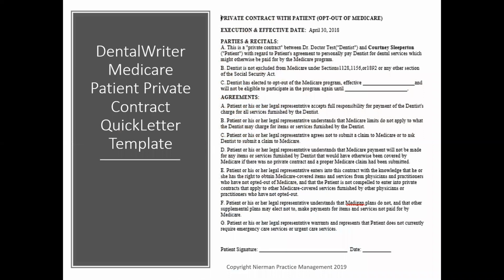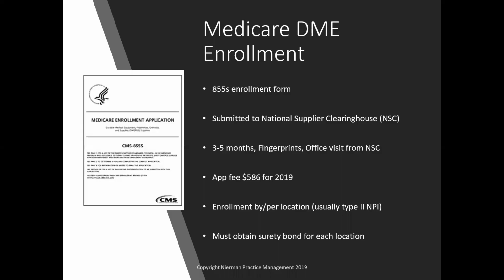Now, Dental Writer software has a copy of the Medicare private contract. Again, this is telling the patient if you have totally opted out of Medicare, that Medicare is not going to pay. And so this is the form. It's a specific Medicare form.